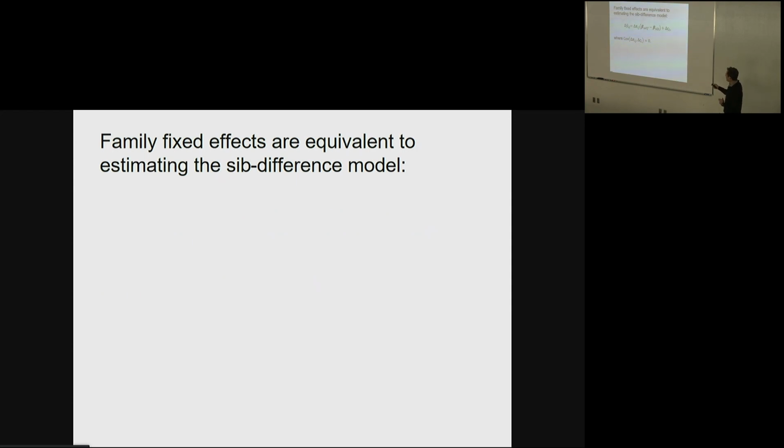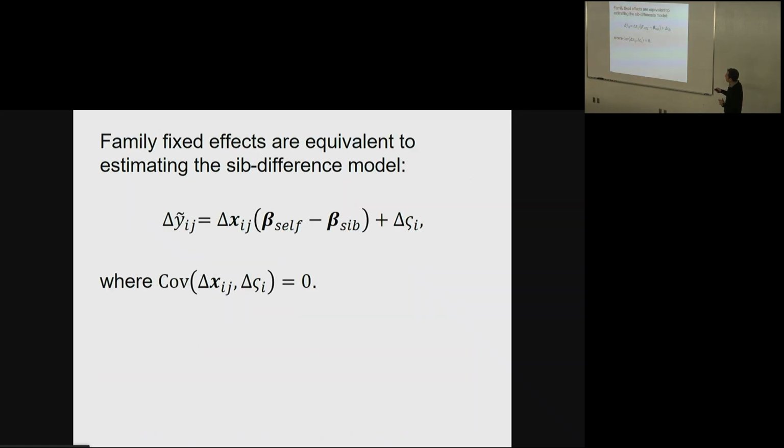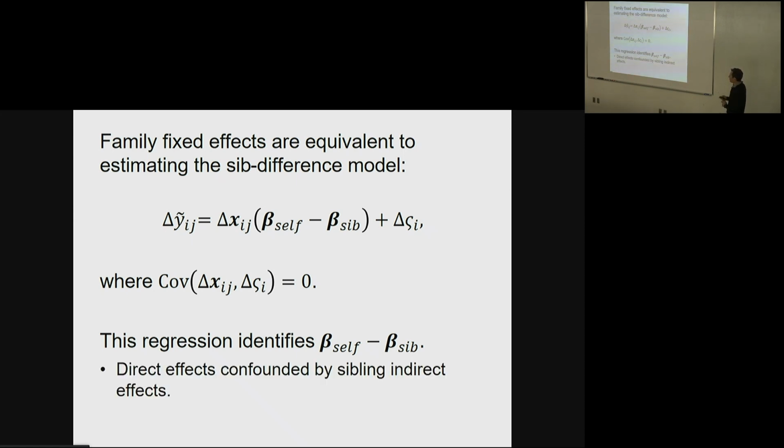If you take this equation, write it also for y_ij prime, and subtract, you get this equation, where you have this uncorrelatedness. So this regression is going to identify the difference between beta self and beta sib. That shows the direct effects are in this context perfectly confounded with the sibling indirect effects.